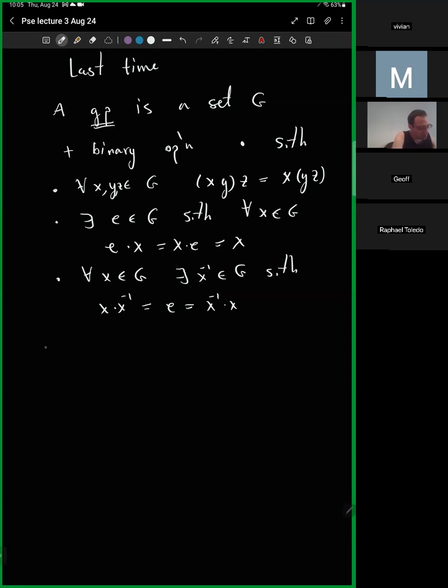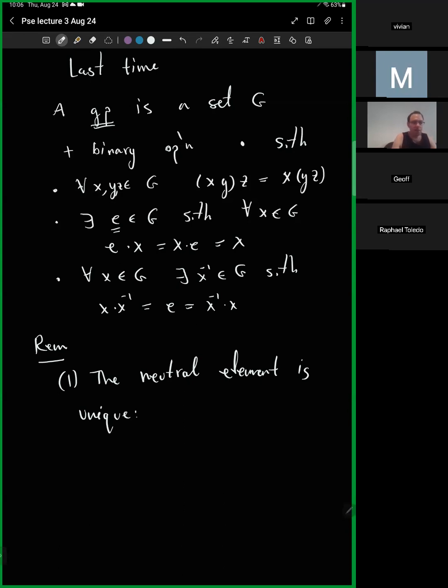Now, from the axioms, it actually follows that the unit element, or the neutral element E, is unique. What do I mean by that?